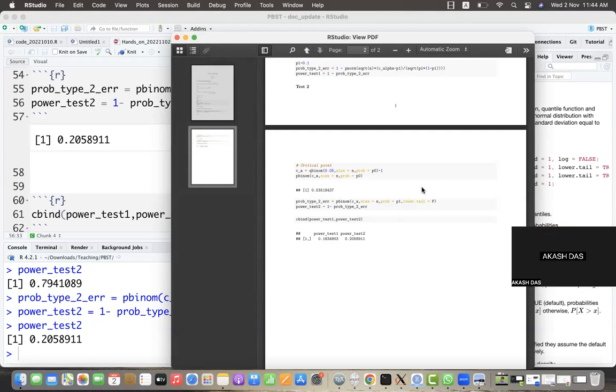If n is larger, then test 1 will perform better, because we assume that it follows normal 0, 1. Basically the central limit theorem will work better in that case.